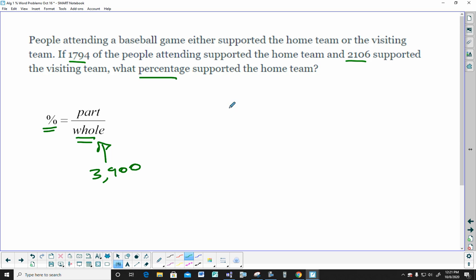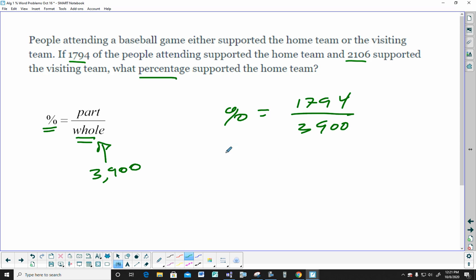They want to know a percent, excuse me, equals what part supported the home team. That many people supported the home team. So 1794 over the 3,900. So you just now take it, again, the paper is telling you just do the division and you have it.